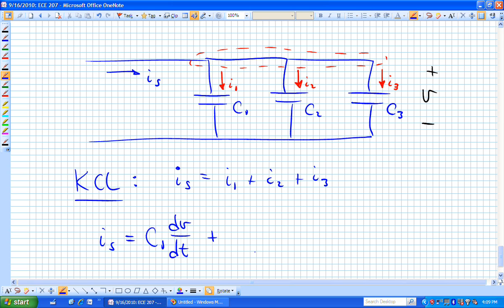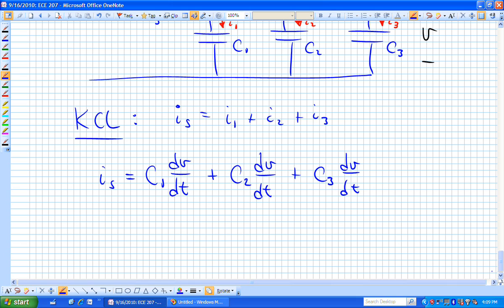What about I sub 2? I sub 3. That dV dt is the same for all 3, we can factor it out. And now we have C1 plus C sub 2 plus C sub 3 times dV dt.